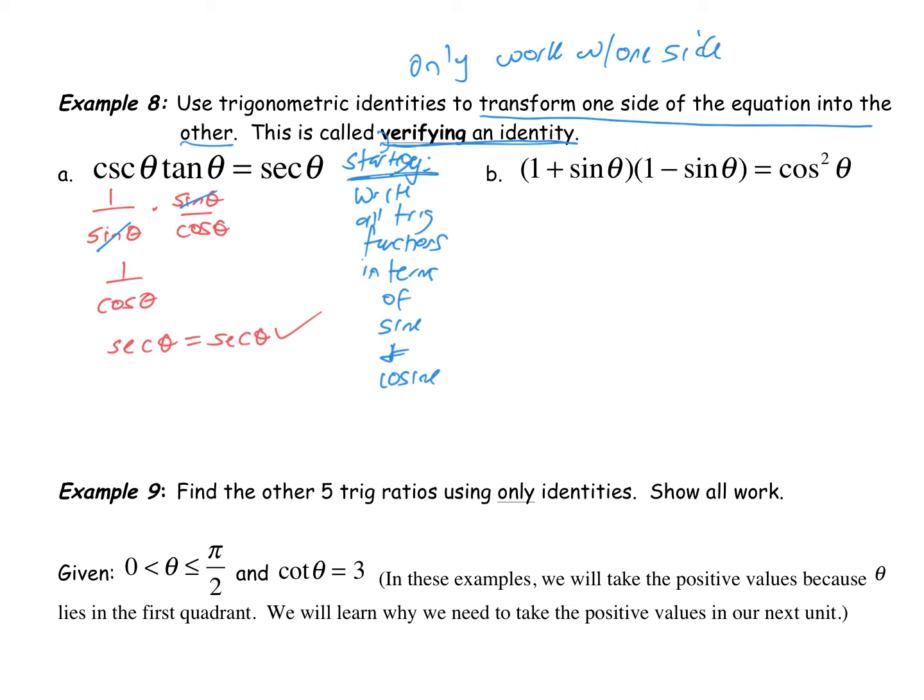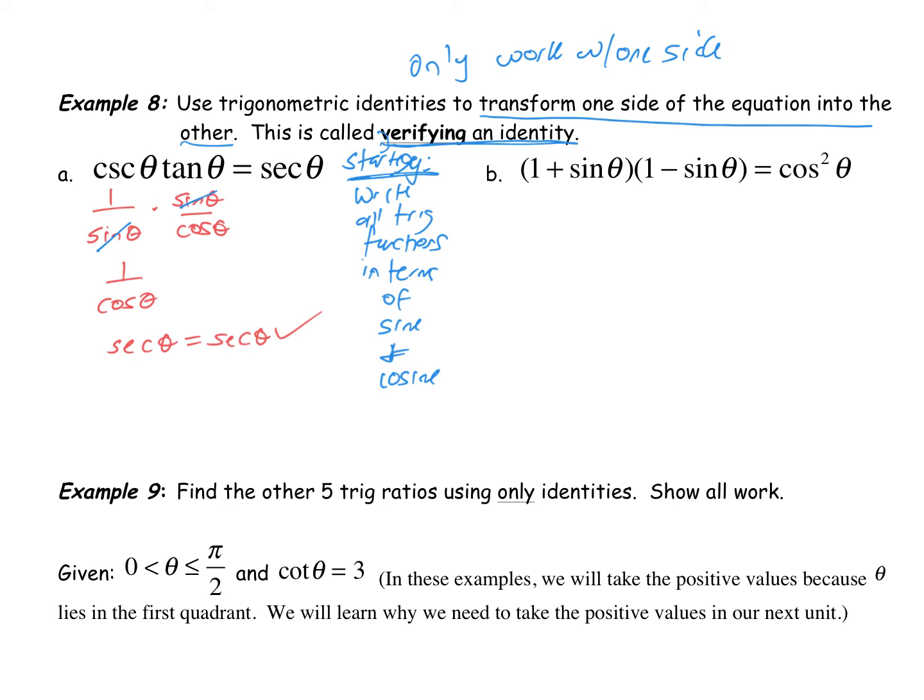In example 8b, we have another trig identity that we're asked to verify. Here we have the quantity 1 plus sine theta times the quantity 1 minus sine theta is equal to cosine squared theta. Once again, we're going to start with the more complicated side, which is the left side. When you're verifying trig identities, you'll use a lot of the simplification techniques that we learned earlier with algebra.